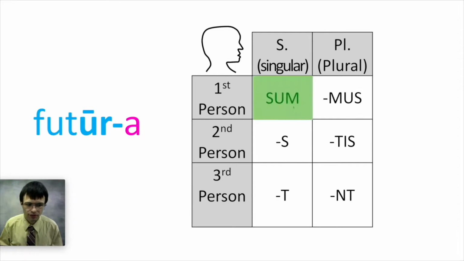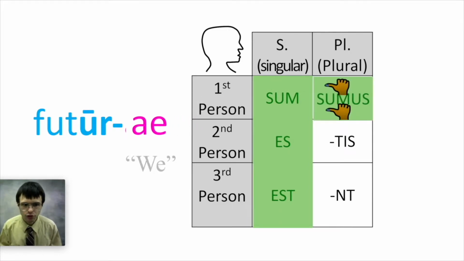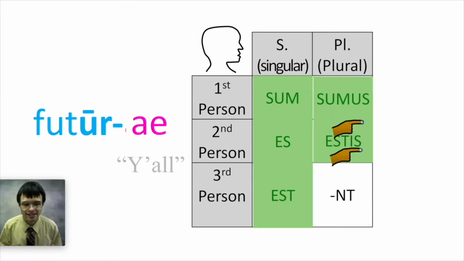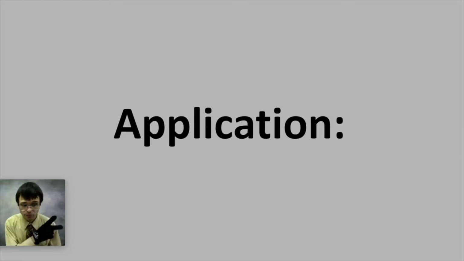And then the feminines, if I were a girl, futura sum, I'm going to be, futura es, you are going to be, futura est, she is going to be, futurae sumus, we are going to be, futurae estis, y'all are going to be, and futurae sunt, they are going to be. And again, instead of going and about to be, you could translate it, I am the future blank, you are the future blank, etc.